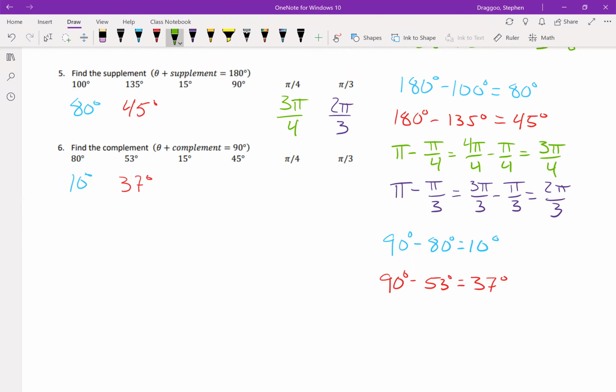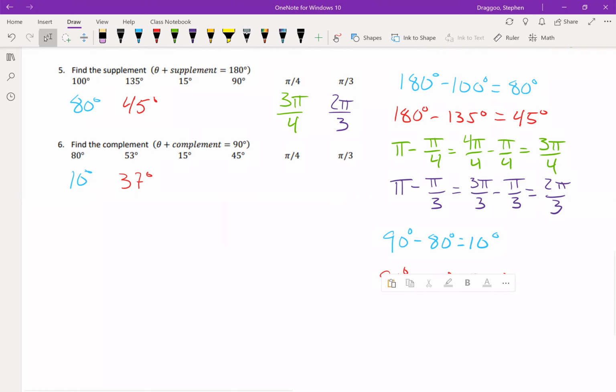If I go over to radians, this time I want to be using pi over 2 instead of 90, since pi over 2 radians is equal to 90 degrees, because those are coterminal angles.